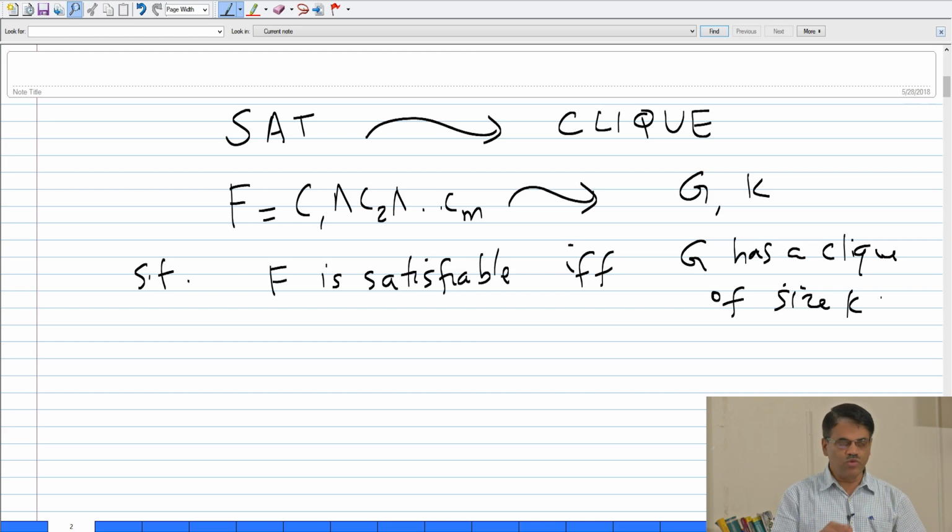So each Ci is satisfied by some literal. Remember, each Ci is a clause of literals, like X3 or X7 bar or X2 bar. So one of them should satisfy C1, one of them should satisfy C2, one of them should satisfy C3, one of them should satisfy CM. That's what I want. I want some subset of variables.